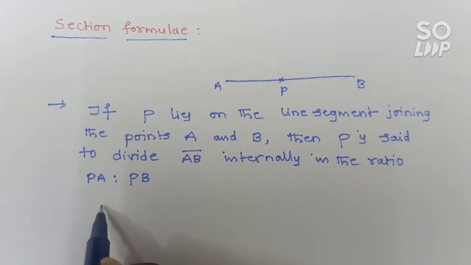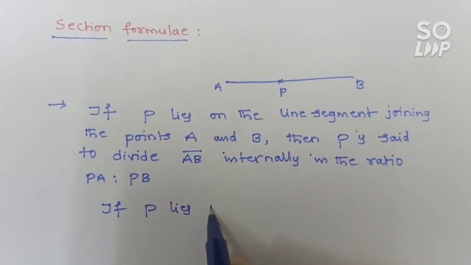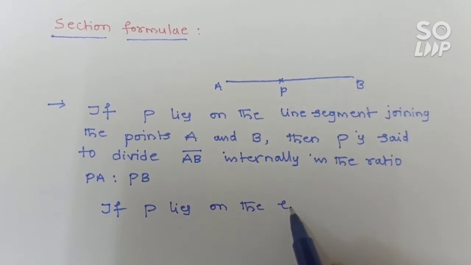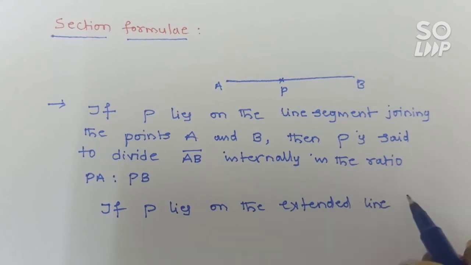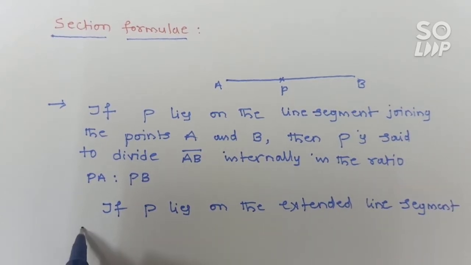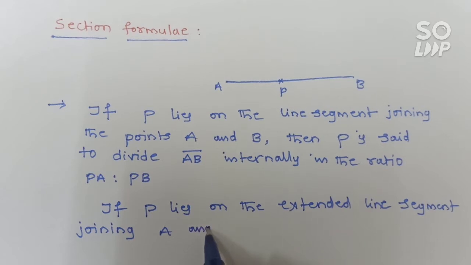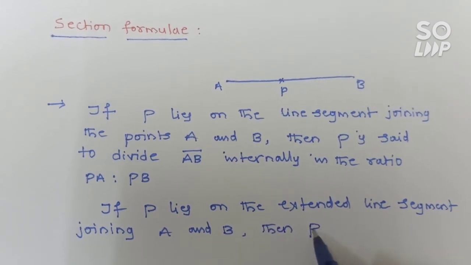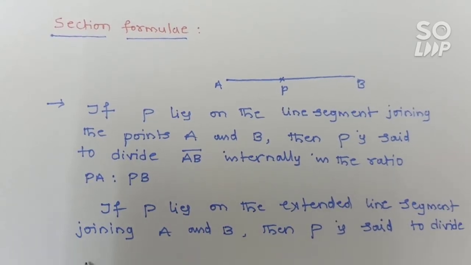Here you will write that if P lies on the extended line segment joining A and B, then P is said to divide AB externally.